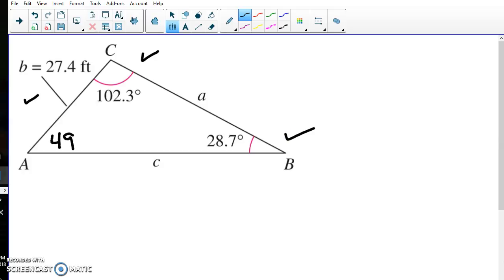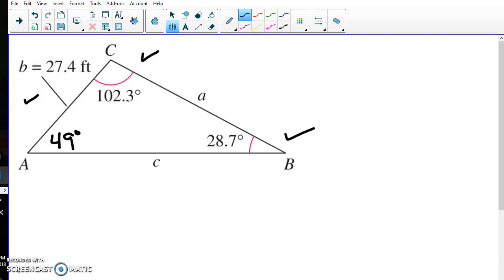Now, one of the things that we want to make sure we do when we start using the law of sines is to always use the given information, not the information that we have derived ourselves. So by the law of sines, we can see, let's set up our ratios here.